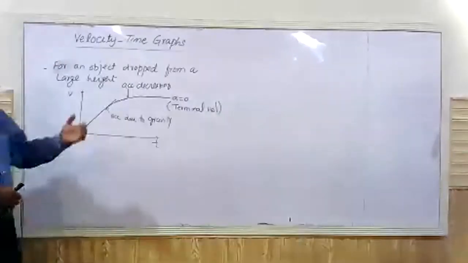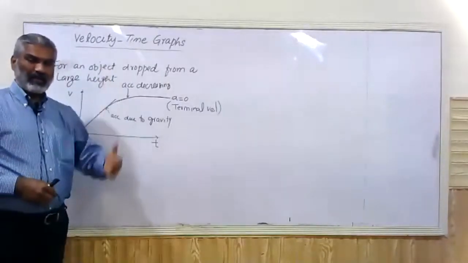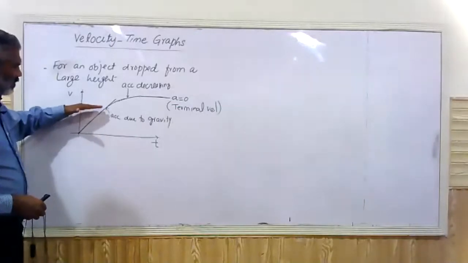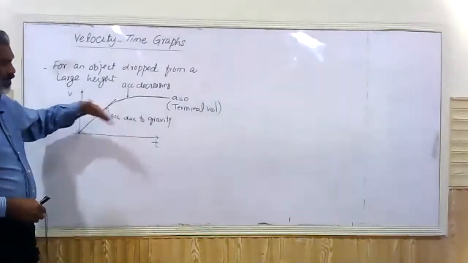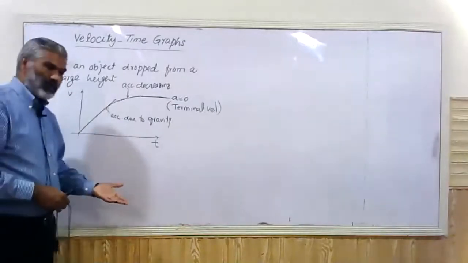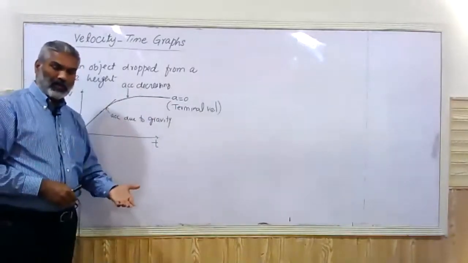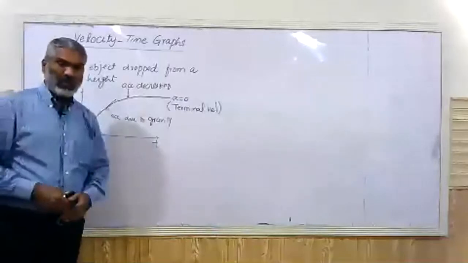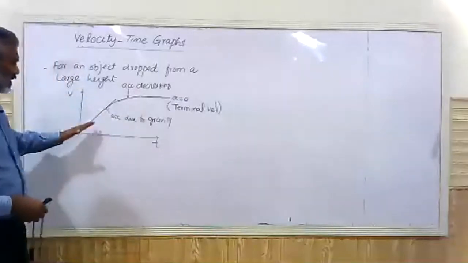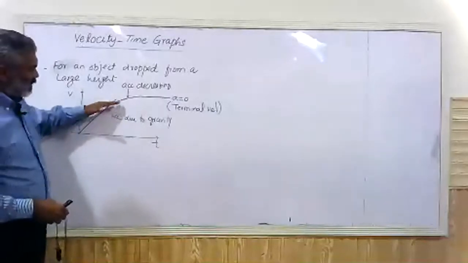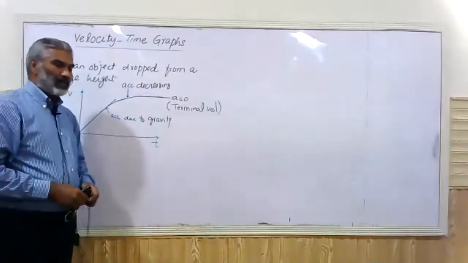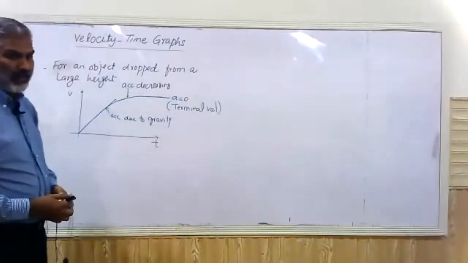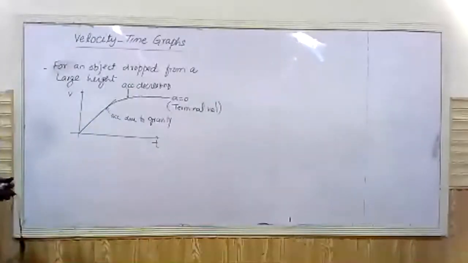So as the object gains more speed, as it accelerates, at a certain value of that speed acquired, the air drag starts becoming more significant. It opposes its fall. So acceleration starts decreasing, although speed still increases, but not at that rate at which it was increasing initially. So the acceleration decreases, and ultimately it is the maximum speed with which it falls. It cannot increase any further. So these are two important situations.